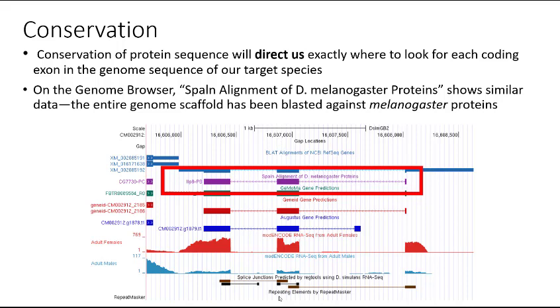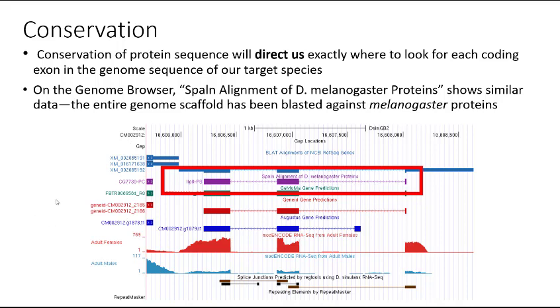So there are two ways that we will be using conservation within the genome browser. The first thing is that conservation is actually going to direct us to exactly where each coding exon is located within this genome. We will be directed to that location by blast searches with each exon.